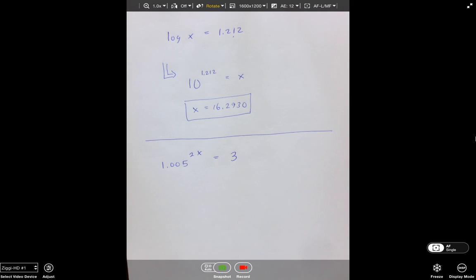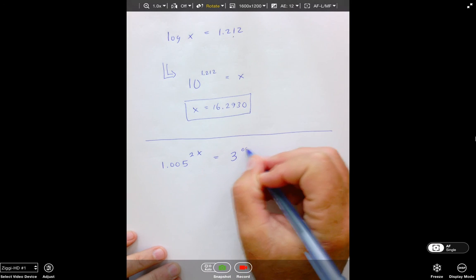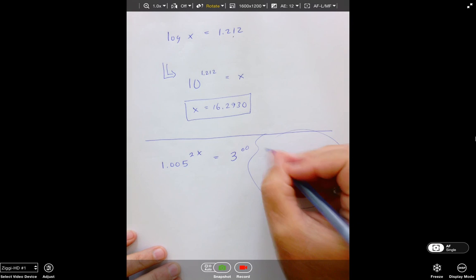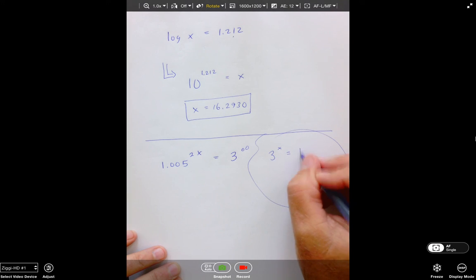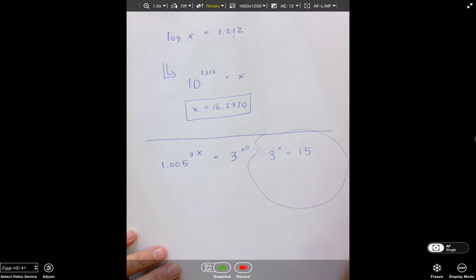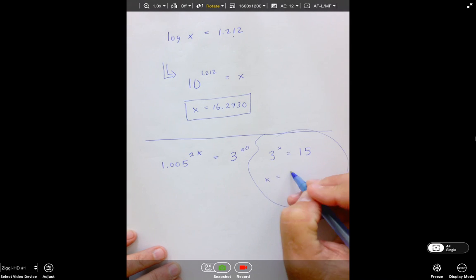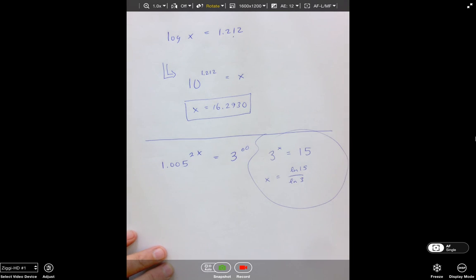Something other than 10 or e, right? So now, let's see if we can learn from a previous problem. When we had 3 raised to the x power equals 15, for example, x was equal to the natural log of 15 over the natural log of 3. Change of base. Again, this base isn't 10 or e, is it? Something else. So we use the change of base theorem.